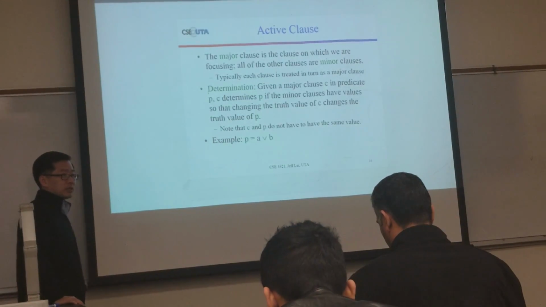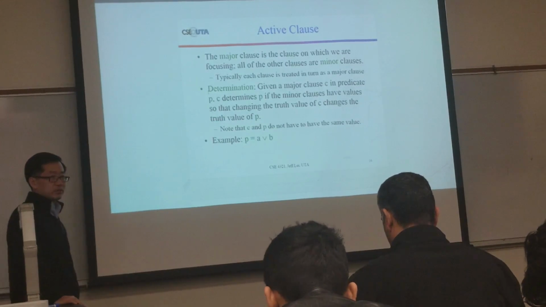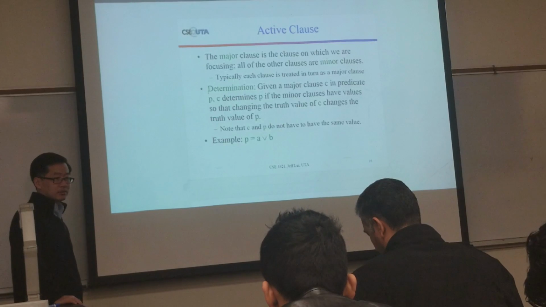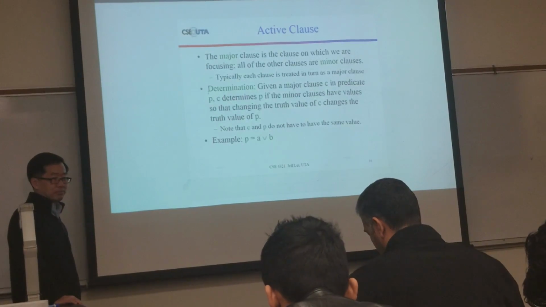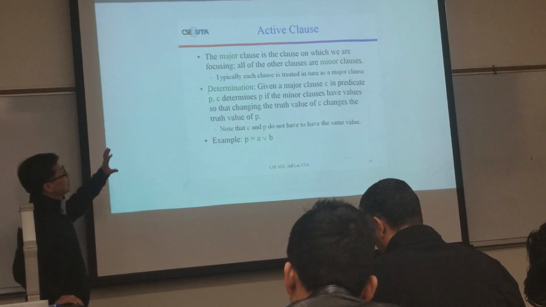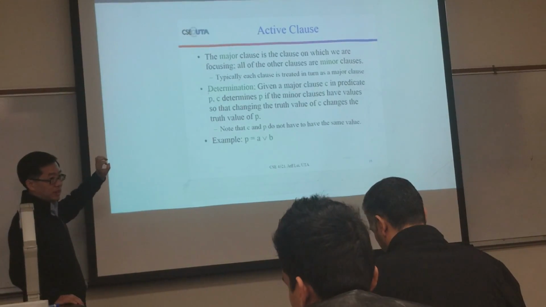That's what we're going to be focused on. A very important concept is active class. We're going to deal with the masking effect. That's the basic motivation behind what we call active class testing.